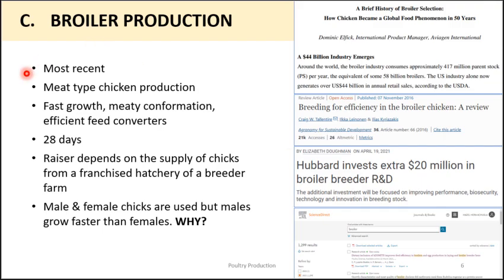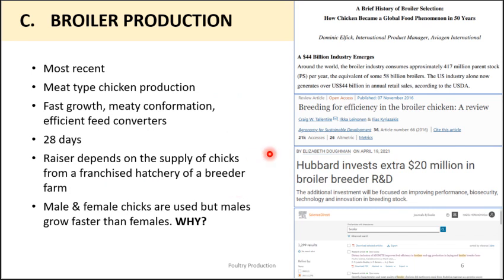Next, we have here broiler production. So this is the most recent. Okay. Of course, in broiler production, we are raising meat-type chickens, usually for 28 days. And as previously discussed, they are fast growers and efficient feed converters. So the raiser depends on the supply of chicks from a franchised hatchery of a breeder farm.